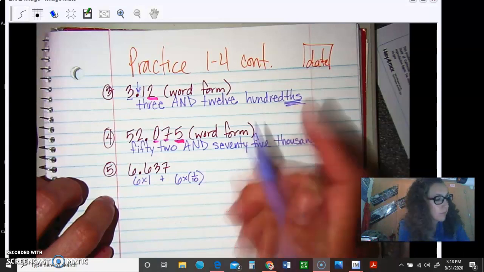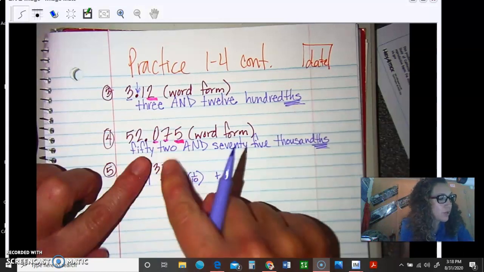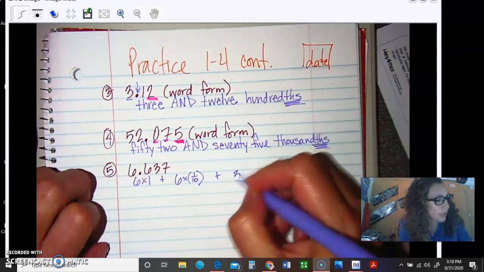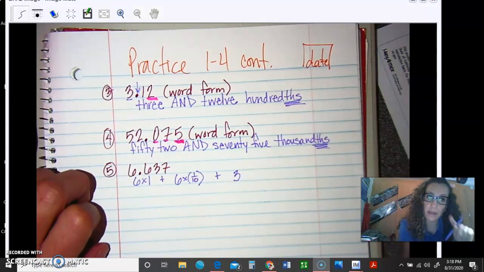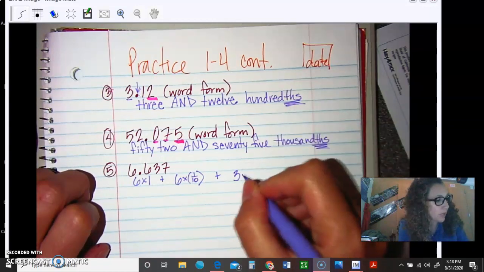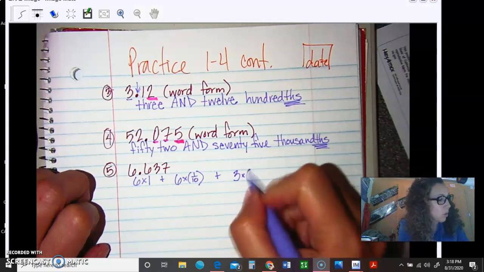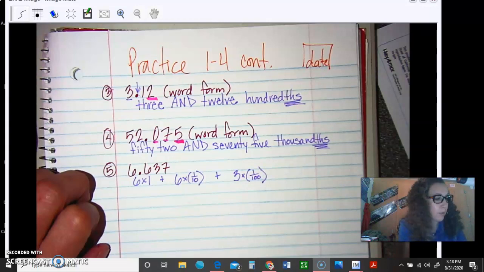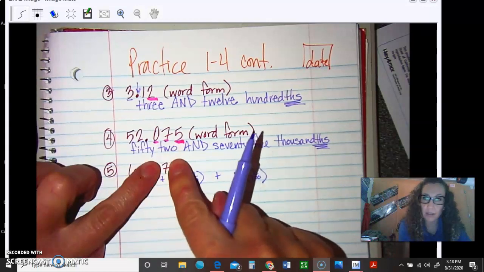Okay? Then we're going to add it to the next digit, which is a 3. But wait a second, still behind that decimal. What position is that? Hundredths. So we're going to multiply that 3 times 1/100th. Okay? Now we're going to move to that 7.